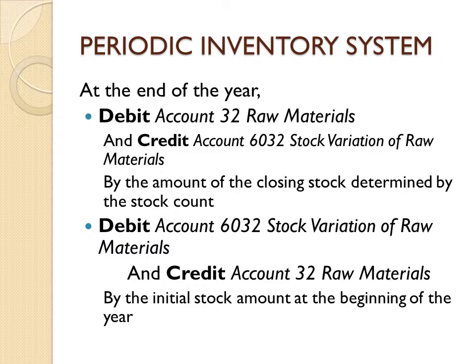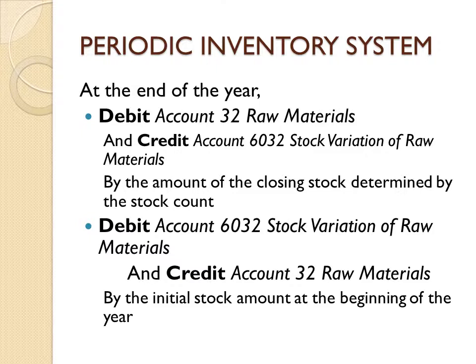This double entry is to remove the initial opening stock amount which was in the account 32, such that the closing stock is what is going to remain in that account. So the first double entry is to include the closing stock of raw materials in the account 32, and the second double entry is to remove the opening stock from the account 32. So that is what happens in a periodic inventory system.